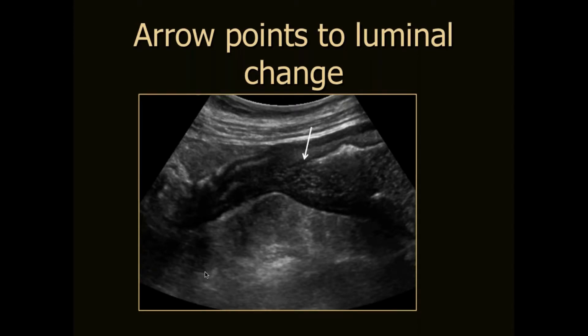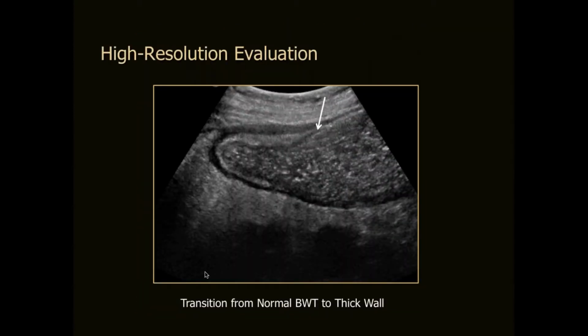So here you can see that the bowel lumen is dilated from the arrow going to the right side, and the luminal surfaces are in apposition as we go to the left. Now, as we go up onto the more proximal dilated bowel, the arrow marks the point of transition, quite abrupt transition, with thickened bowel wall to the left of the arrow and thin bowel wall to the right as we look at that dilated segment.